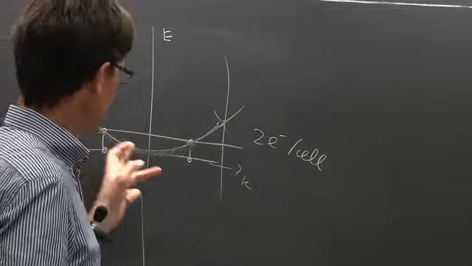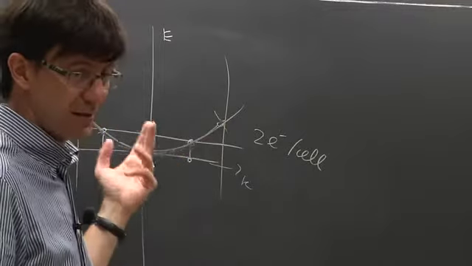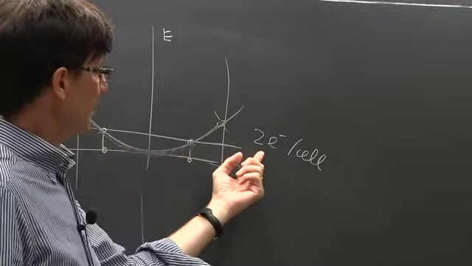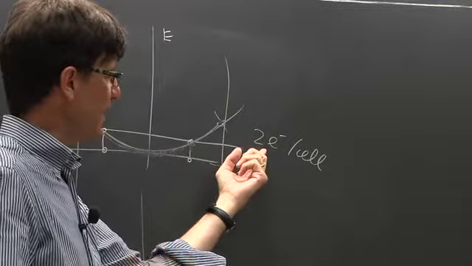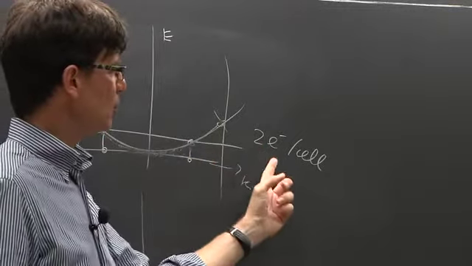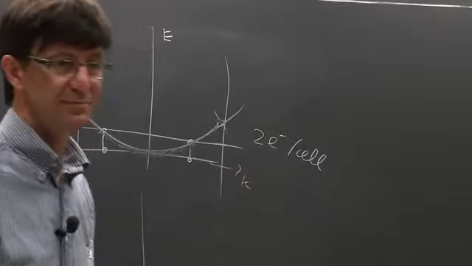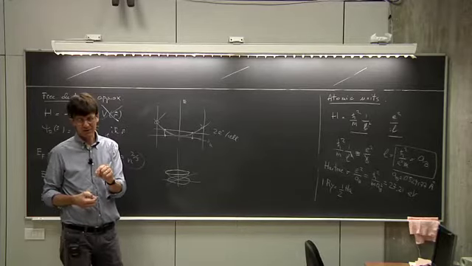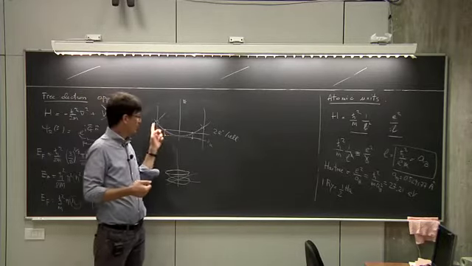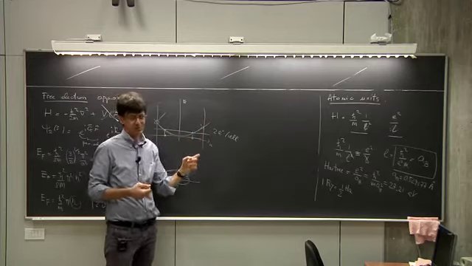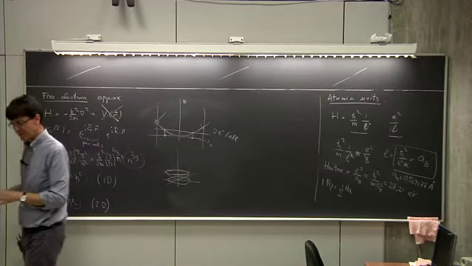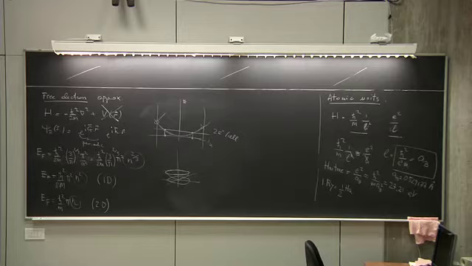What I'm saying is that the total number of states here, which is infinity, is such that if I fill it completely, I can do it with 2 electrons per cell. But because in each state I can put 2 electrons, that means that the total number of states I have here is equal to the number of cells. They're both infinities, but they're equal. They're equal infinities, exactly equal.